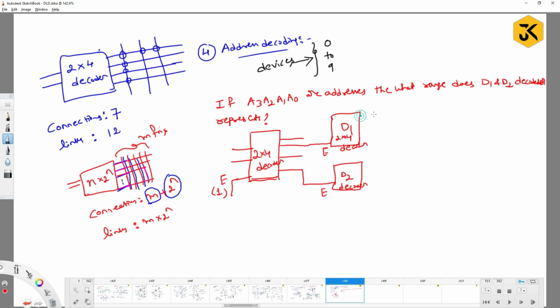Now at D1, I don't know exactly how many output lines are there, but they mentioned it as a 2/4 decoder, right? So the question they have asked is, what range do the D1 and D2 decoders represent? What is the meaning of it?